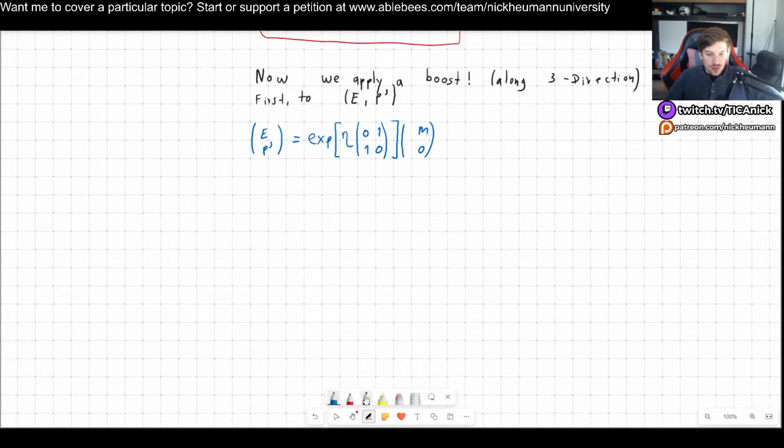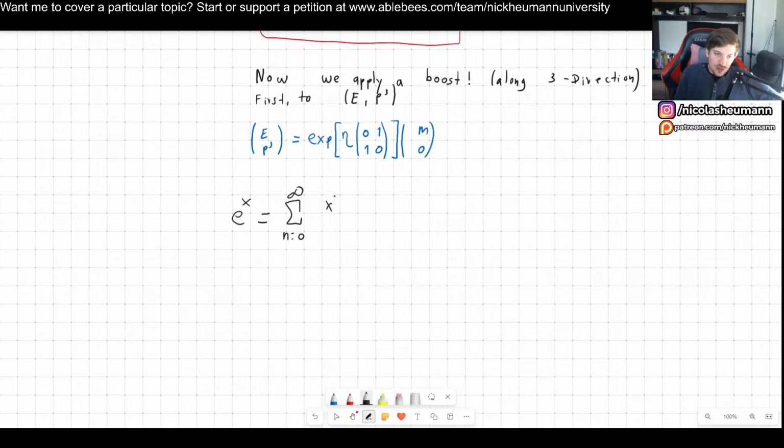So from here, we need to do a little bit of algebraic manipulation, nothing really too crazy. But what we are going to do basically is say, well, we know that e to the x can be written as a power series, right? What is the power series of e to the x? It's the infinite sum from n equals 0 all the way to infinity of x to the n over n factorial. Well, what does this look like?